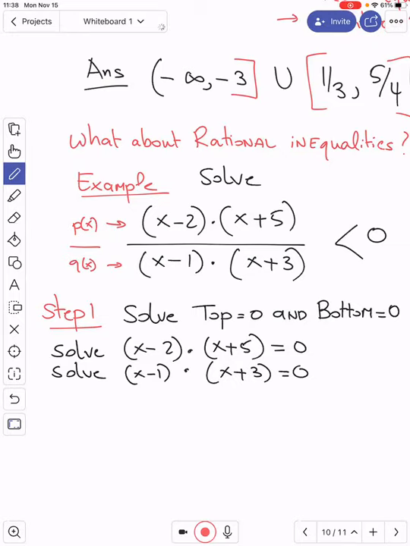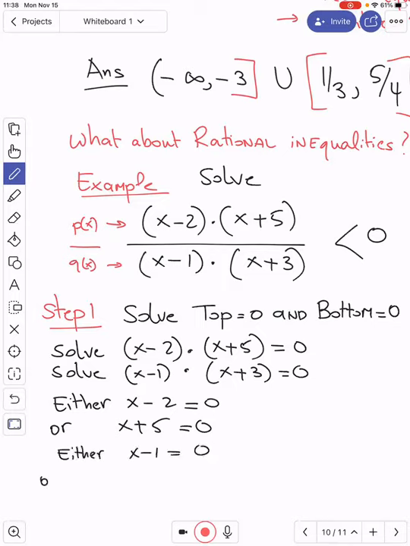From the numerator equal to 0, either x minus 2 is 0 or x plus 5 is 0. In the denominator, either x minus 1 is 0 or x plus 3 is 0. So x would be positive 2, and here x would be negative 5.